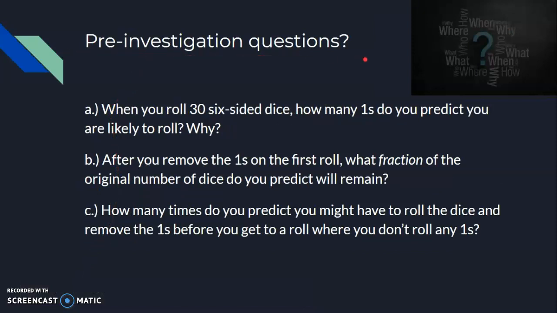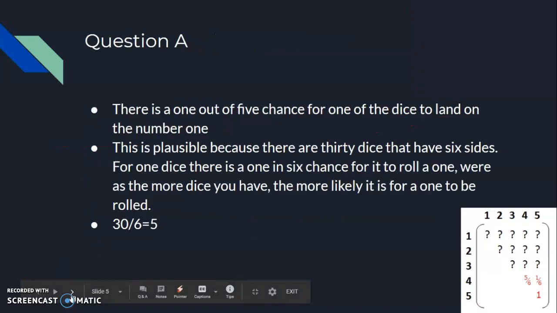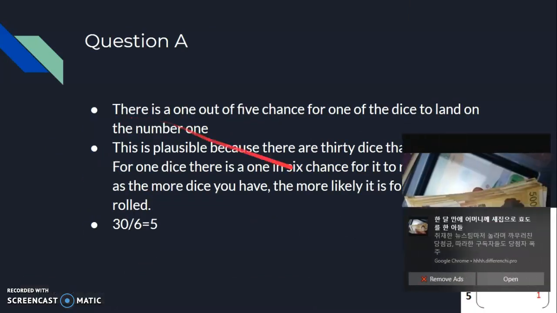For every project, there are always pre-investigation questions or execution questions that you have to answer. So the first one would be, when you roll 6-sided dice, how many 1s do you predict you're likely to roll and why? For that, it's mainly just a chance.